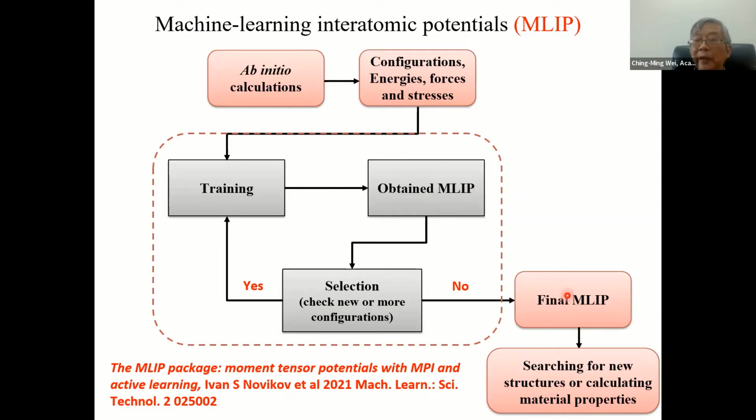Then you get the final MD potentials, and you can search for new structures or calculate material properties. We use this kind of so-called MD package, moment tensor potentials with MPI, and this is a very powerful technique. I will show you an example later.